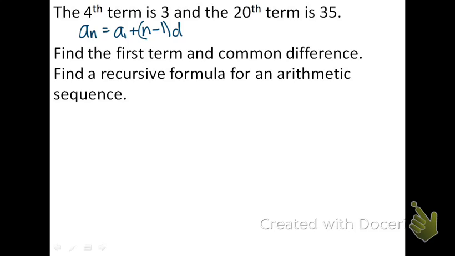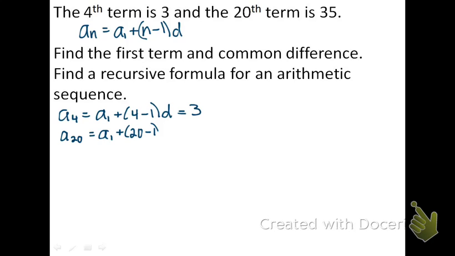So that's the equation we're going to use. Now we know that the 4th term is 3. So a sub 4 is a sub 1 plus (4 minus 1) times d, and that equals 3. Now we also know the 20th term. So a sub 20 equals a sub 1 plus (20 minus 1) times d, and we know that equals 35 because that was given to us.